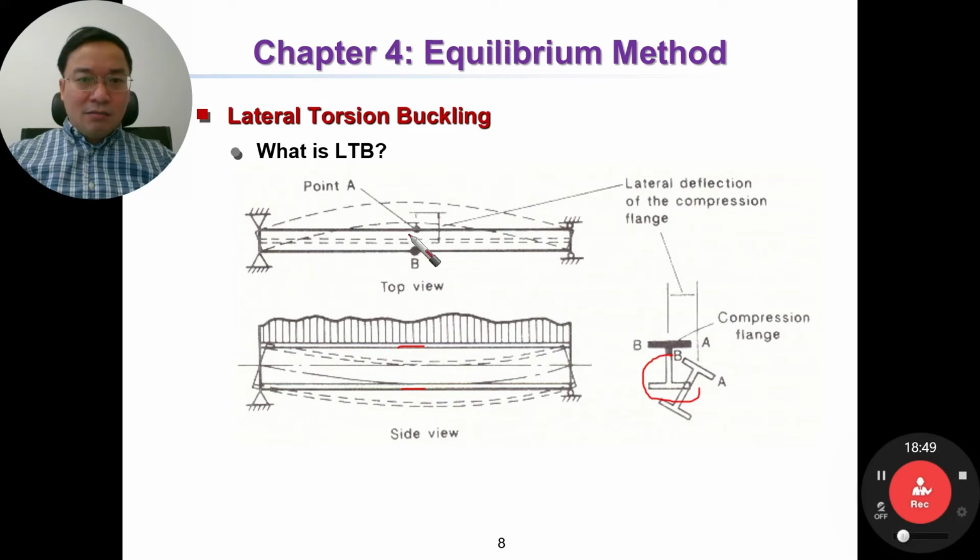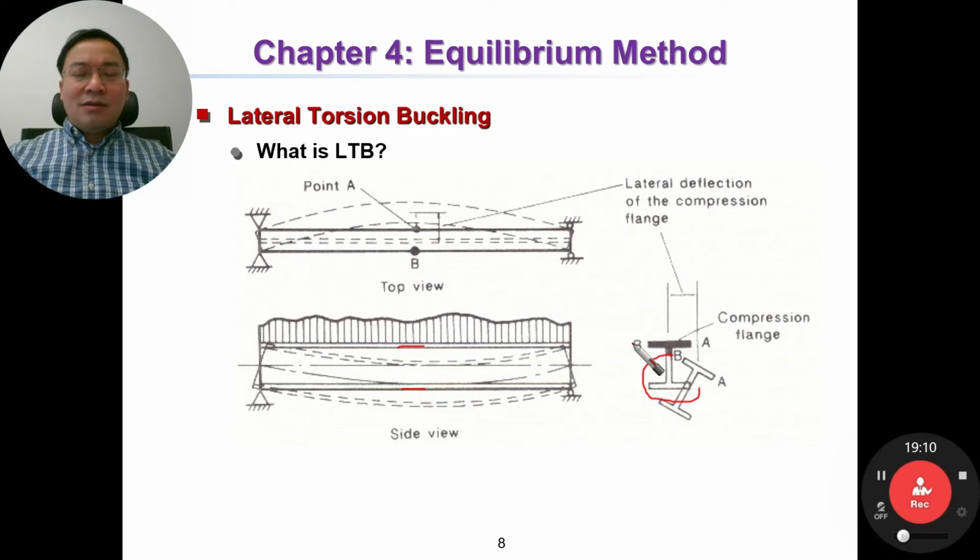But sometimes there is a lateral deflection of the compression flange, because this flange is under compression.